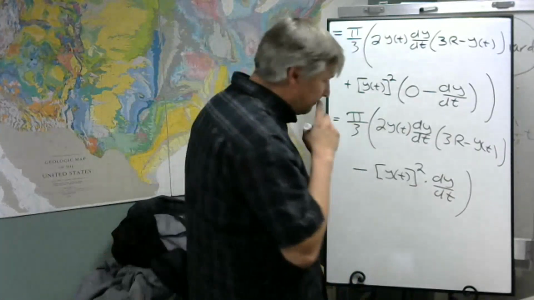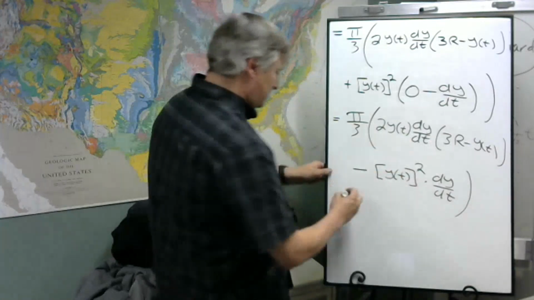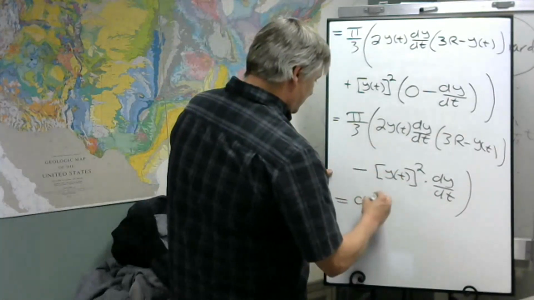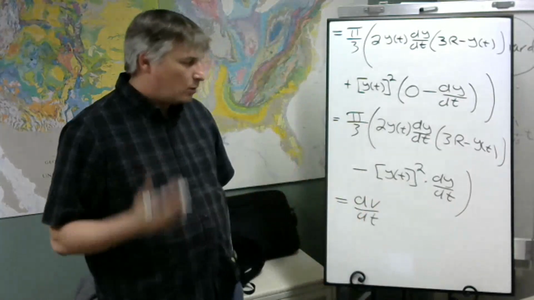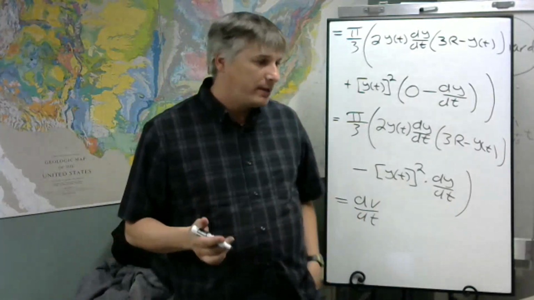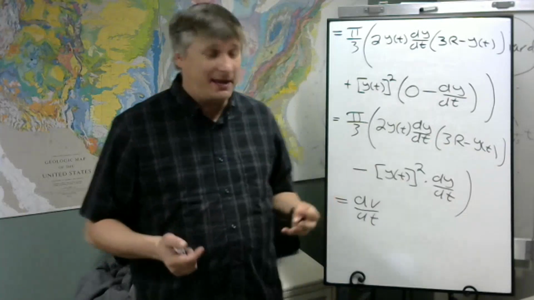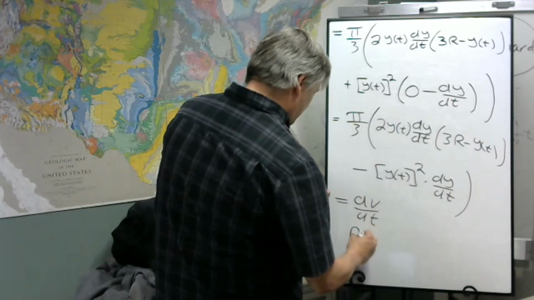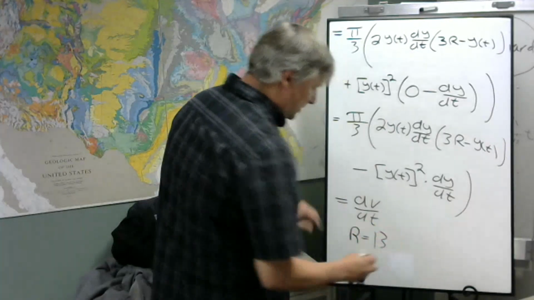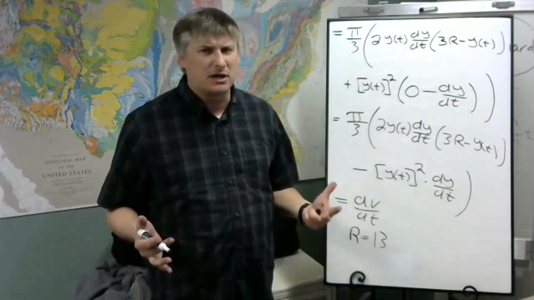We're told we want to find dy/dt, remember, this is equal to dV/dt, when the water level y of t is equal to 8. So this is what we have. The radius of this tank, this bowl, is always 13. That's not going to change with time.